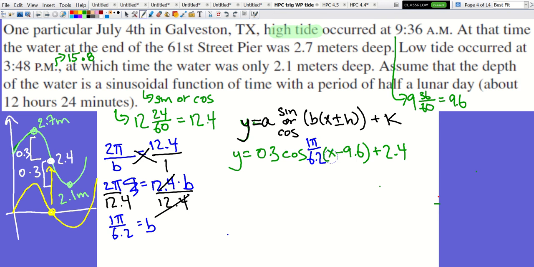So you plug in 2.5 and solve backwards for x. So you do 2.5 minus the 2.4 divided by 0.3, inverse cosine, that's cosine with an exponent of -1 to both sides, and then you multiply by the reciprocal of this blue and then add 9.6.